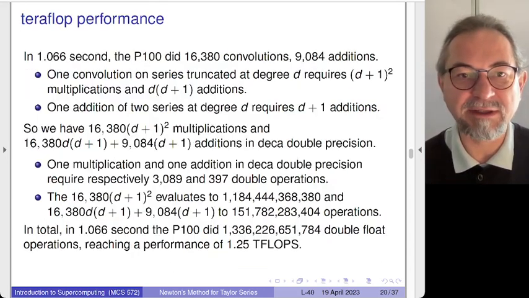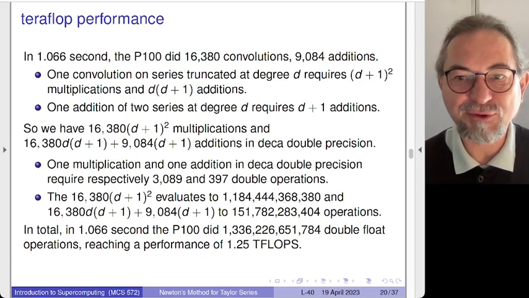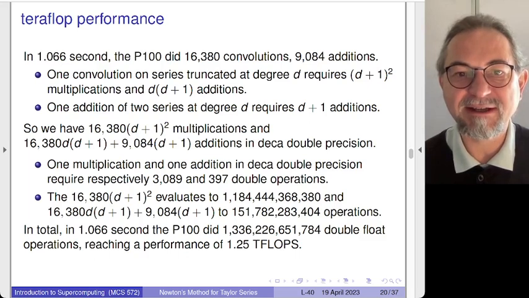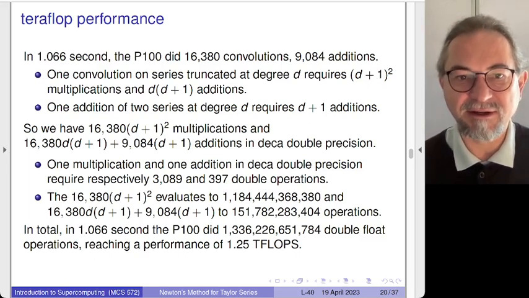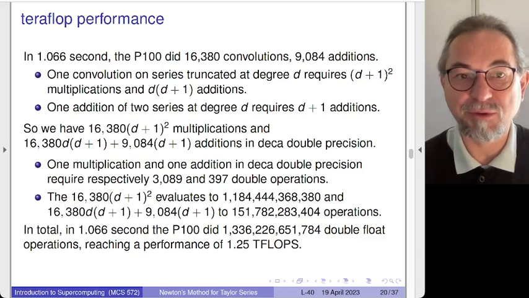All right, then the problems were generated, tailored for the Pascal GPU, which evaluates a polynomial in a little more than 1 second.